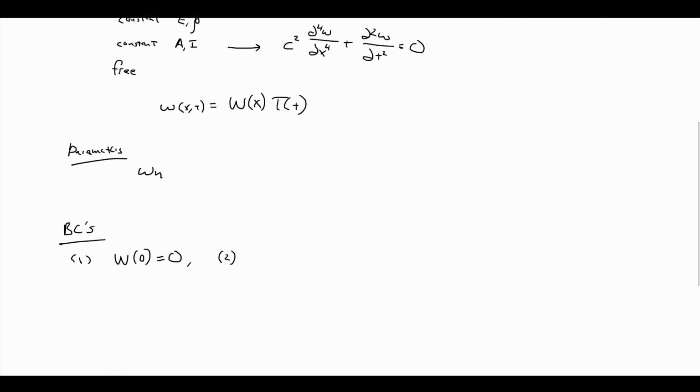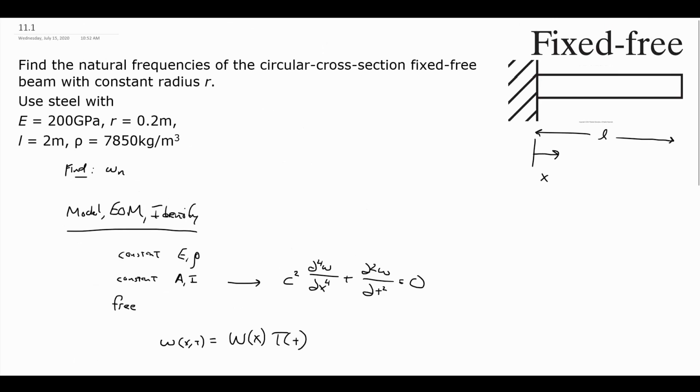Directly at the wall, it has to maintain a horizontal slope. That's all we can say about the wall. The moment at the wall is not always going to be 0 at all points in time, and the shear force at the wall is not going to be 0 at all points in time. So again, these boundary conditions are true at all points in time.